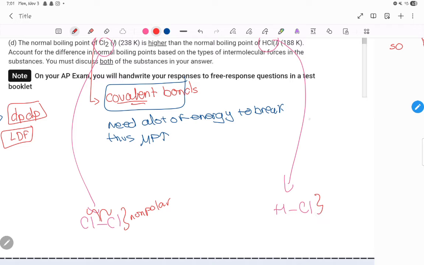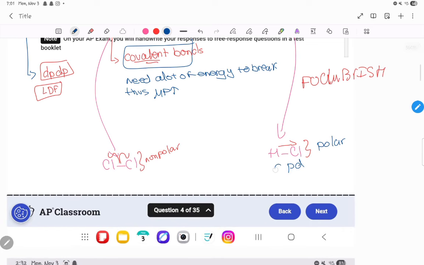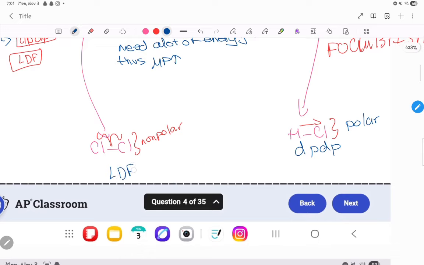And over here, the HCl, if you follow the Fajans rule, what will we see? We will see that hydrogen is less electronegative than chlorine, so chlorine is more likely to attract the electron, so it's going to be polar. From this we can say that this has a dipole, and this has LDF, and this also has LDF.